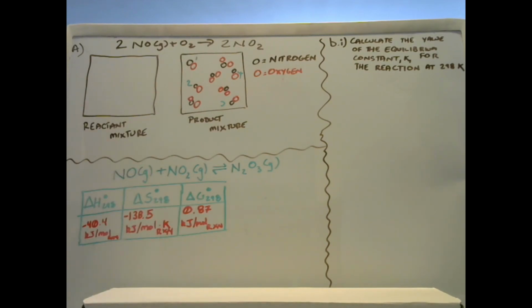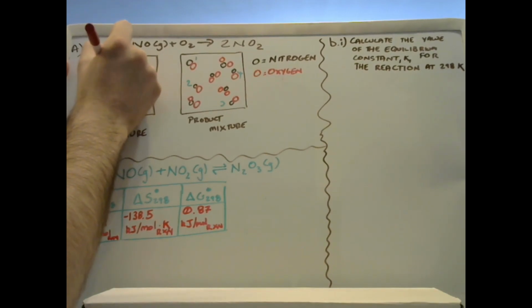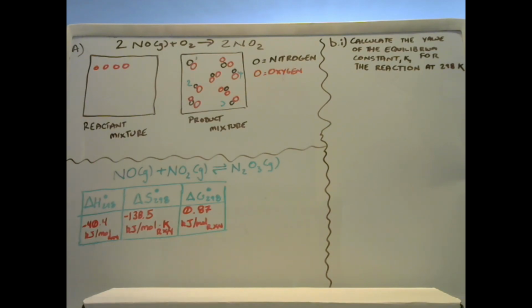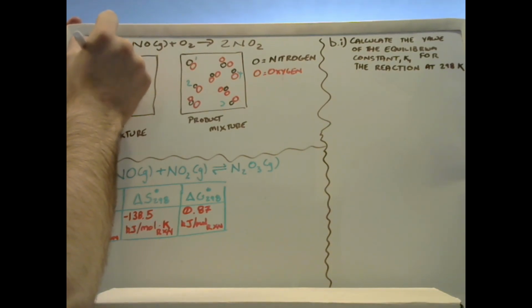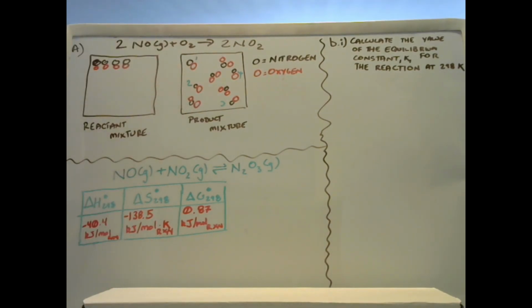So anything that's left over had to be there originally. So let's just draw those in. 1, 2, 3, 4. There's your NOs that we traced over.